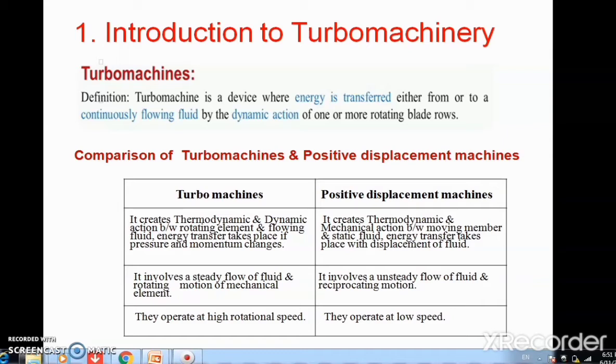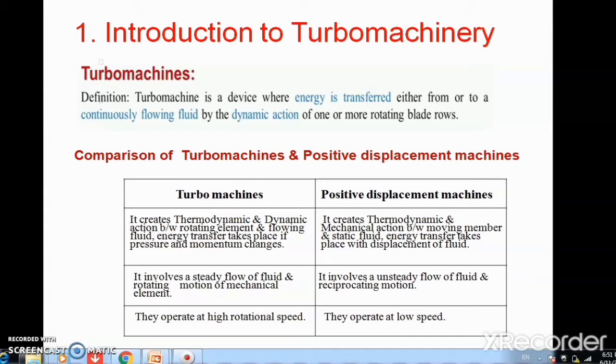So there is no continuous motion. At one point the piston stops. So there is non-continuous motion, also called unsteady flow, in positive displacement machines. The motion is rotary in turbo machines and reciprocating in positive displacement machines.